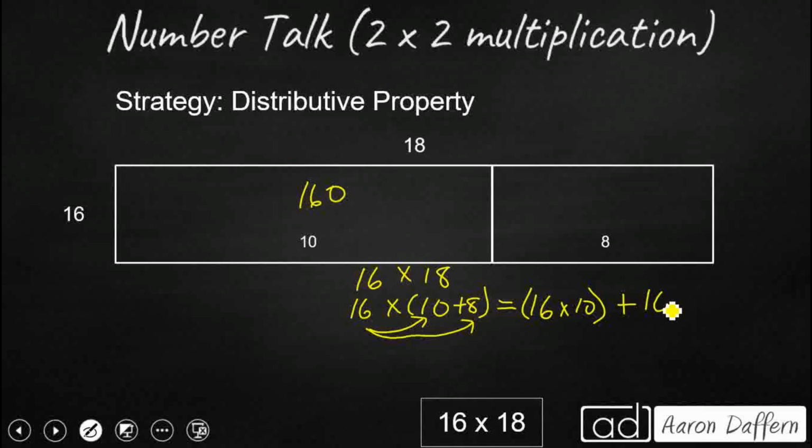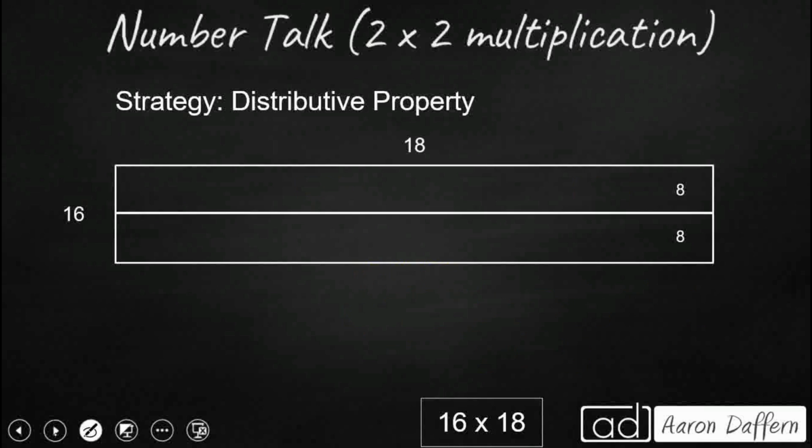Now we're going to have to do a little bit of work with this 16 times 8. So I've got 10 times 8 is 80, 6 times 8 is 48. So put those together, 80 and 48, 128. But I'm still going to come back to my 288. That stays the same.